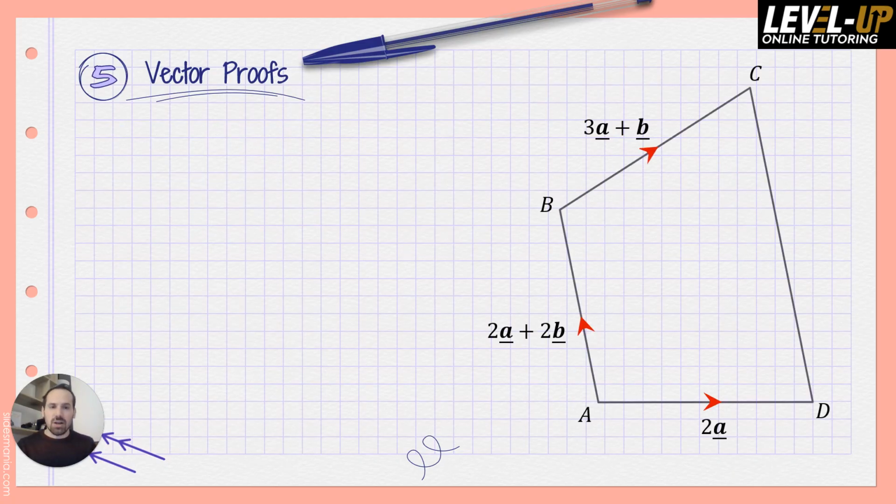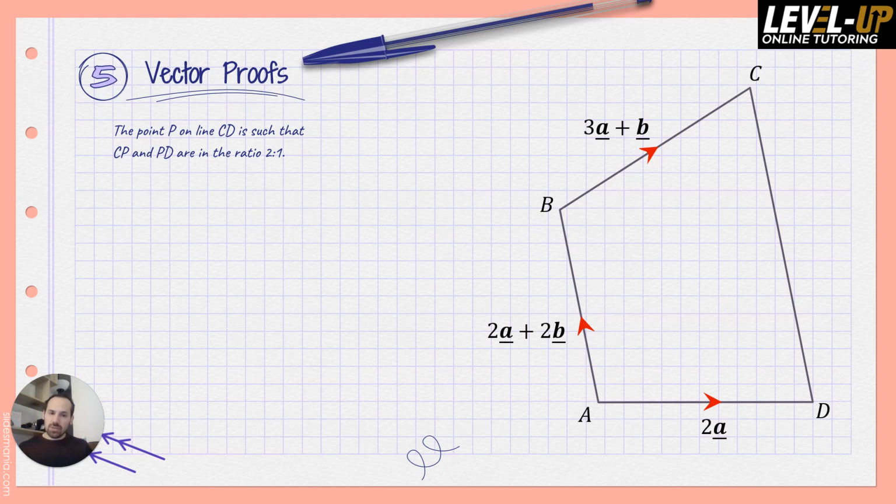I'll give you one last example, which is a scenario like this where we've got some quadrilateral with these vectors. So there are more complicated vector expressions, but straight away look at that bottom one, AD. We can see that's 2A, so therefore A is in the horizontal direction. B, we can't really know where B is going, but we know A is horizontal.